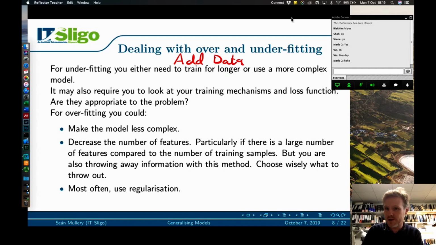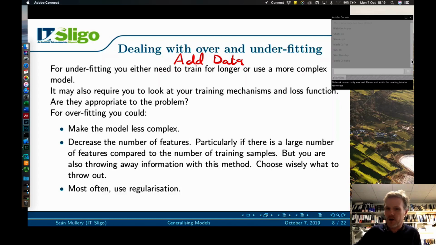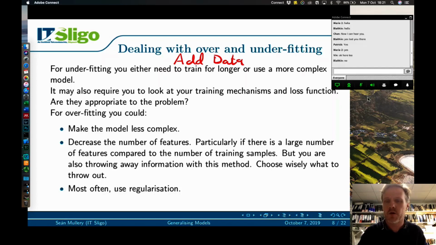So small changes in something that's not correlated with the output can still have an effect on it. So it can sometimes be a good idea to drop features that are not important.